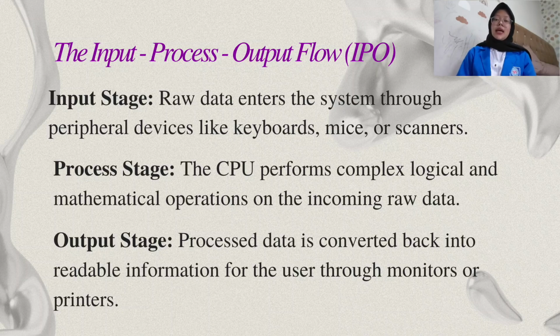Third, output. The processed data is converted back into readable information for the user. This cycle repeats billions of times every single second, which creates the seamless experience we see on our screens. With the logical system covered, let's now transition to the physical reality on slide 5.